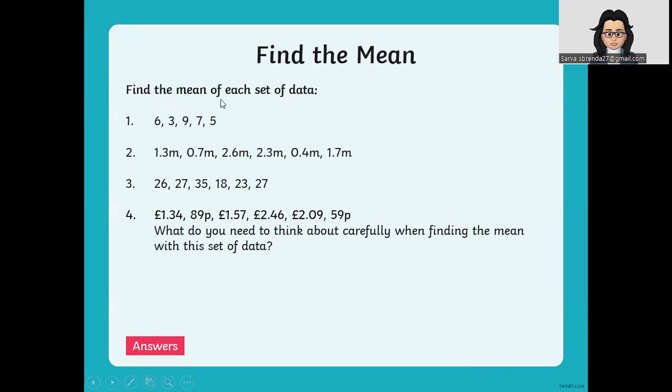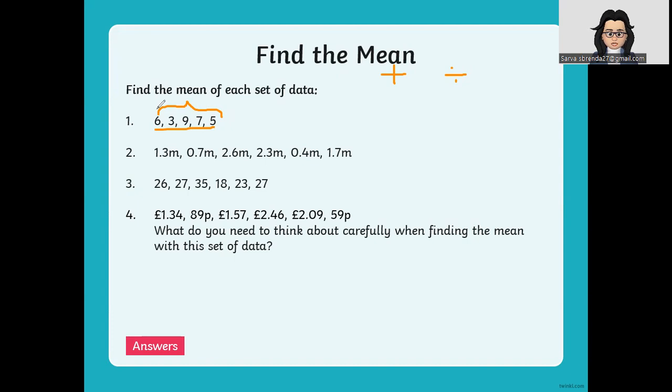Let's find the mean for each set of these data. So according to our definition, we add and we divide to find the average. So if you want to take it into a real life example, guys, like there are 5 children. Each child has a certain number of apples instead of marbles, or maybe even dollars.